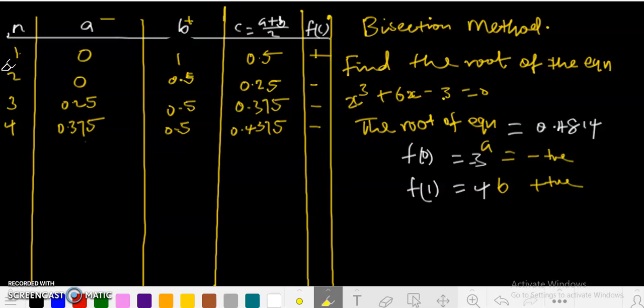Since this also is negative, number 5 will be 0.4375. We maintain our 0.5, and we evaluate this A and B. We will get 0.4688.